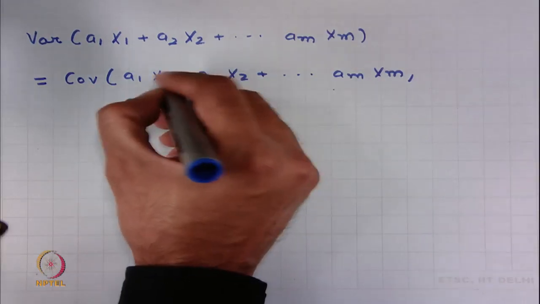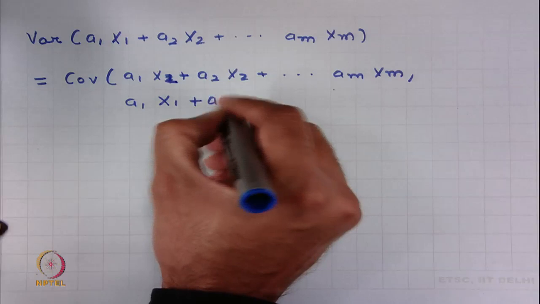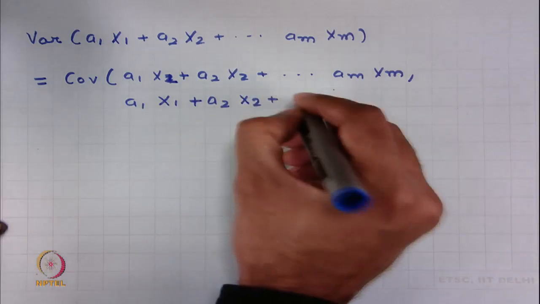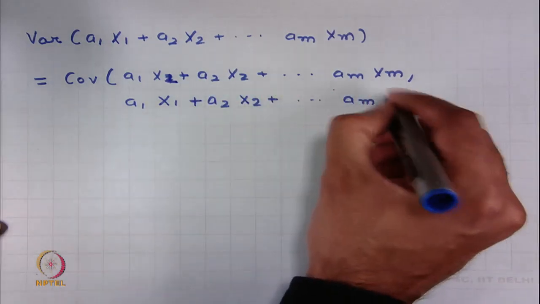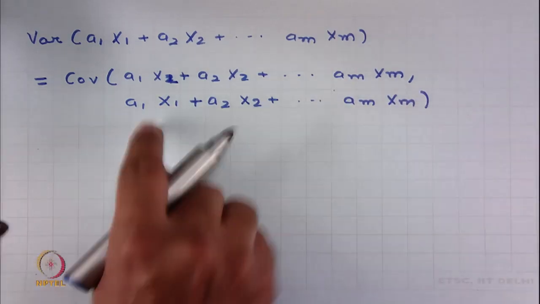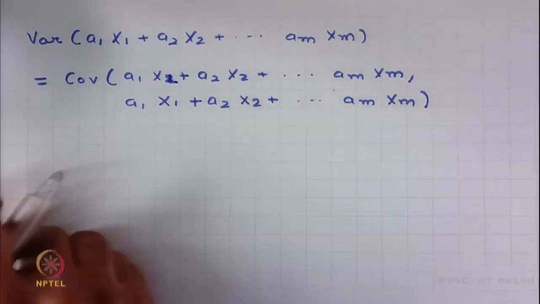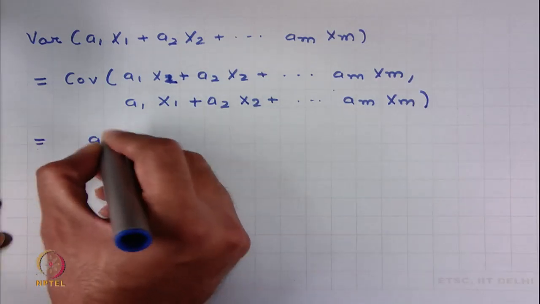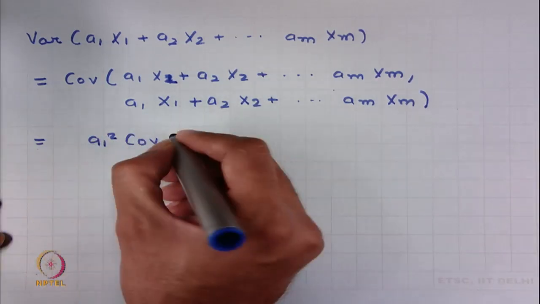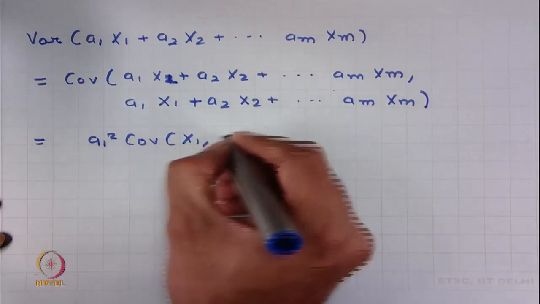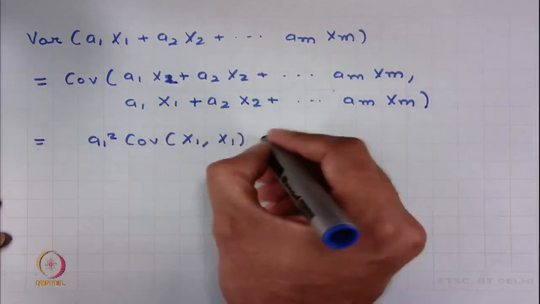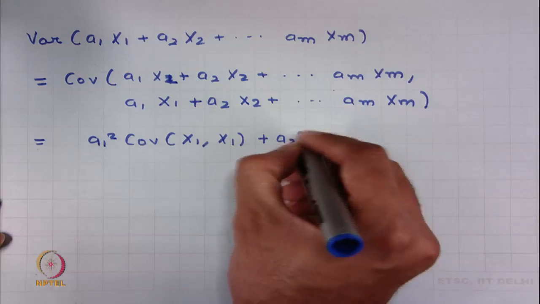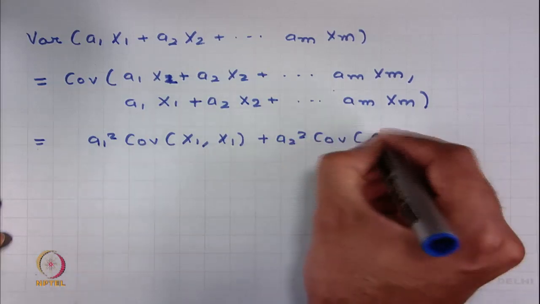So, it should be x1 a2 x2 up to am xm, and using the fact that covariance is a bilinear function, I can simplify this as a1 square into covariance of x1 with x1 plus a2 square into covariance of x2 with x2.